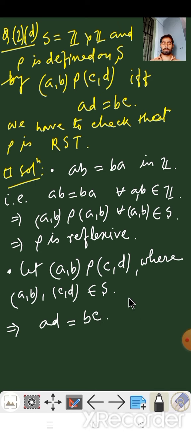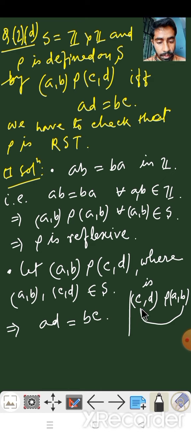We have to check, our question is, is the ordered pair CD related to AB or not. So CD will be related to AB if and only if the product CB is equal to the product DA.